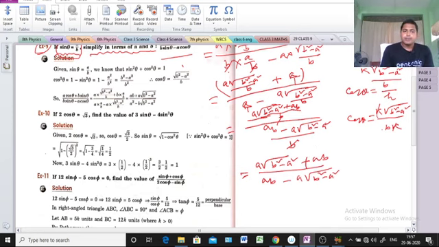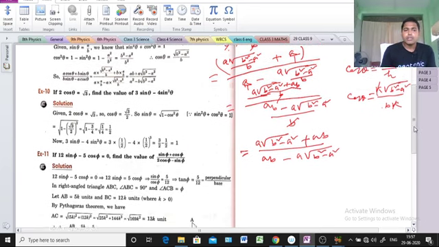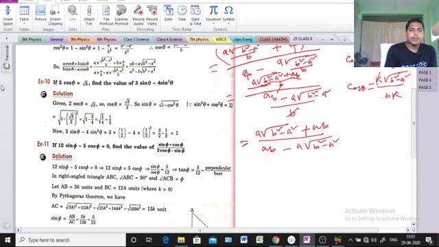Clear? Okay, now the next question, example 10. Example 10 says 2 cos theta equals root 3, find the value of 3 sin theta minus 4 sin cube theta. Yes, sin cube theta.